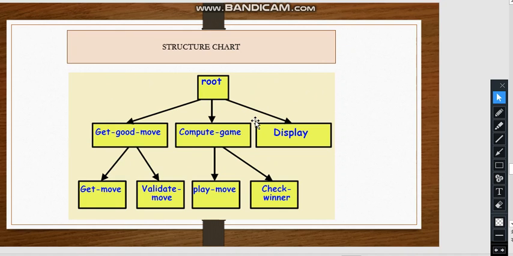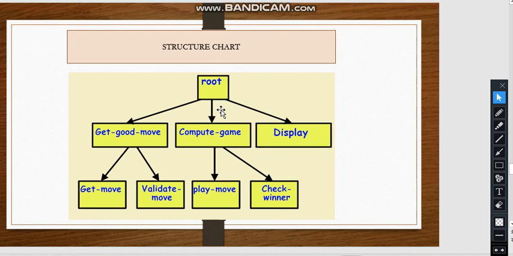Now once we draw the structure chart for this data flow diagram, it will be represented like this: we have a root, then a good move will be made. Once the move is done, the move will be validated.